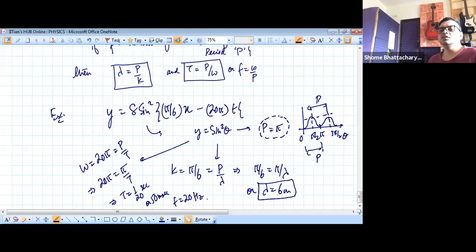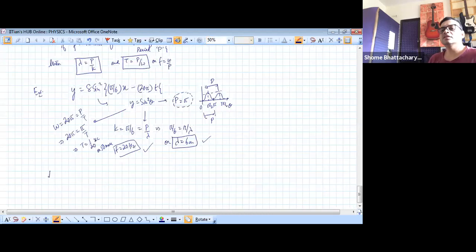So once we know these formulae, then for things like frequency we don't need to plot the graphs. We can directly use this formula. So for this function being sine square or cos square, the fundamental period is pi.